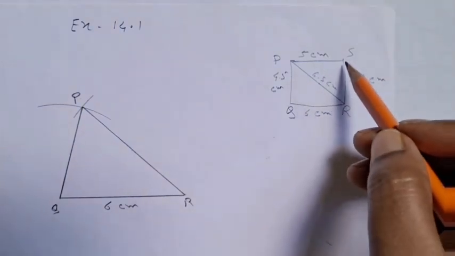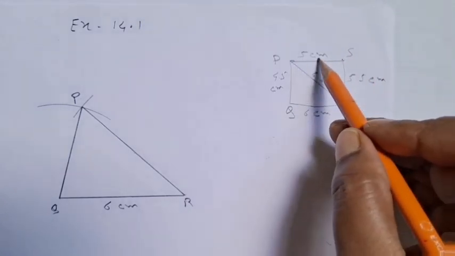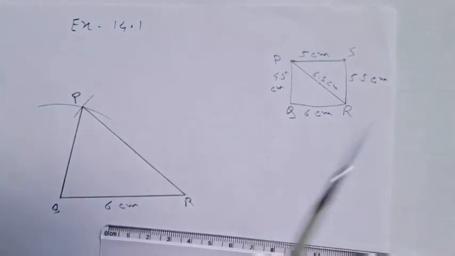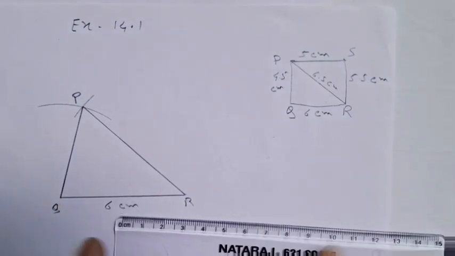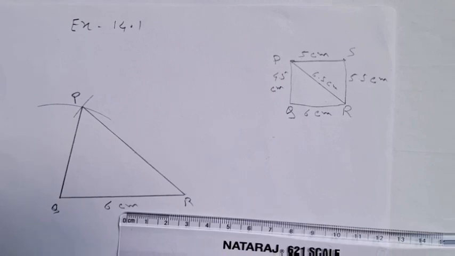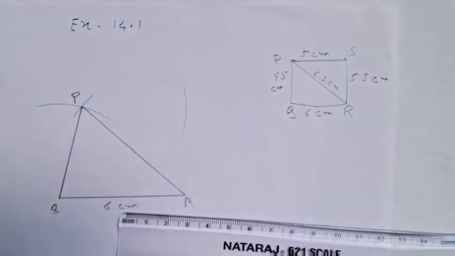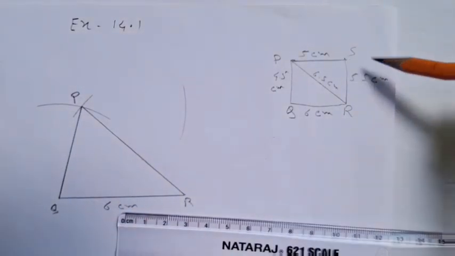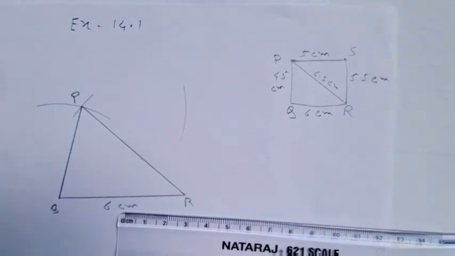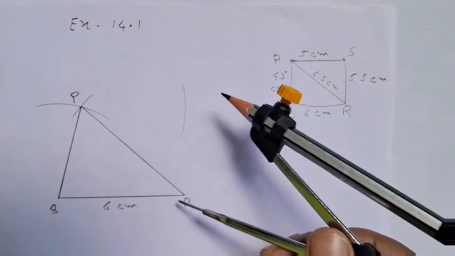And now I am going to draw the point S, which is 5 cm away from P. So taking 5 cm in my compass and taking P as center, I draw an arc. And S is 5.5 cm away from R. So taking 5.5 cm in my compass and taking R as center, I draw another arc.